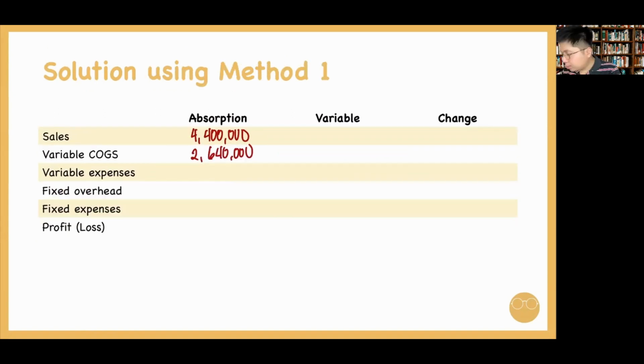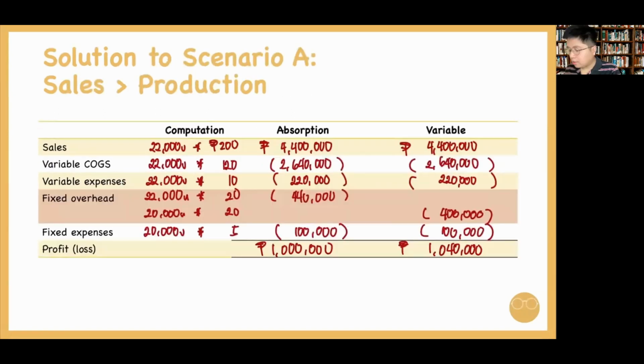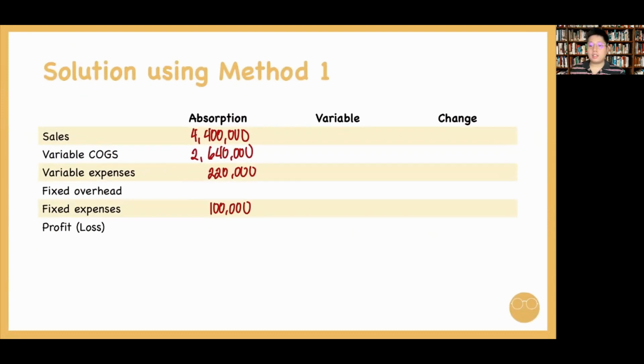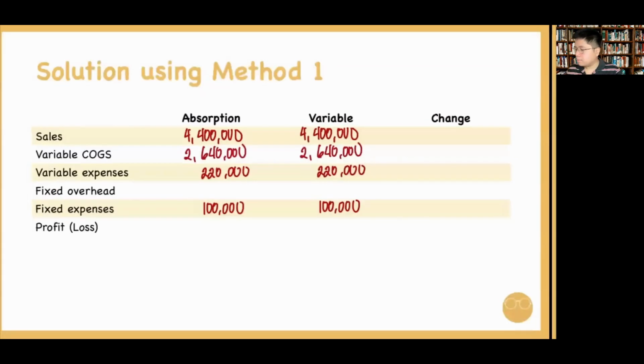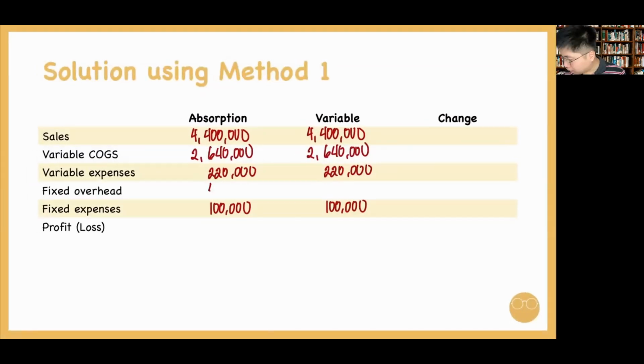Let's write it here: 220,000, and the last one, fixed expense, 100,000. Let us copy the amounts in the column for variable costing. Then let's get the fixed overhead. For absorption costing, it's 440,000 and for variable costing, it's 400,000 pesos.